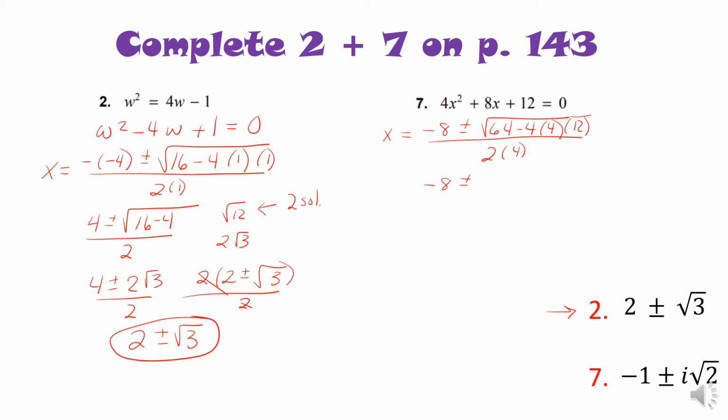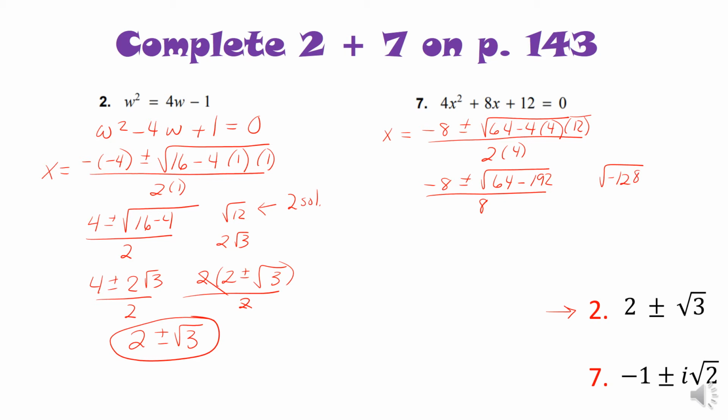So that's going to be negative 8 plus or minus the square root of 64 minus 192, all over 8. Okay, so this becomes the square root of negative 128.